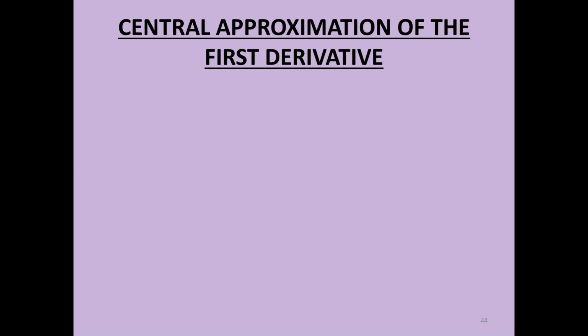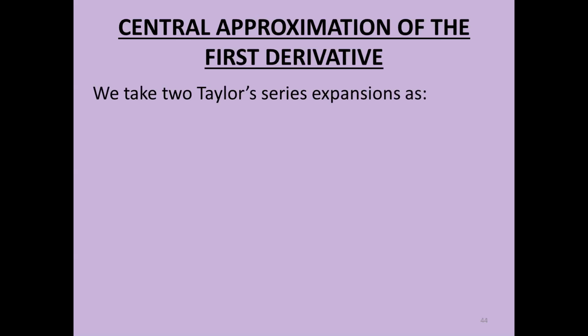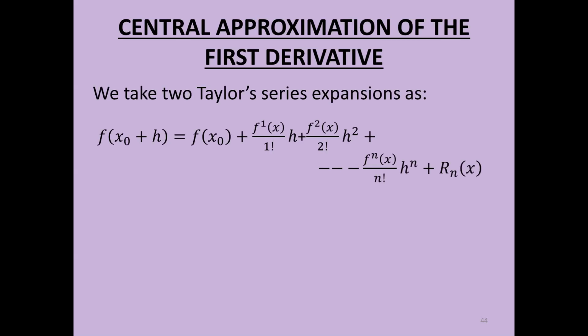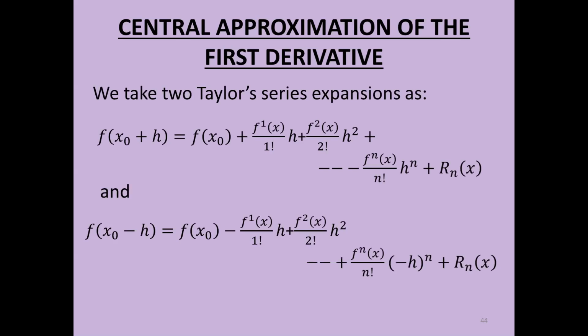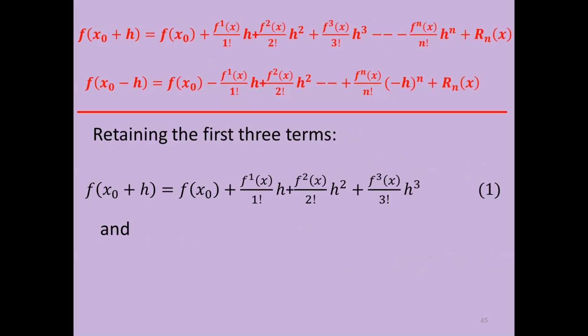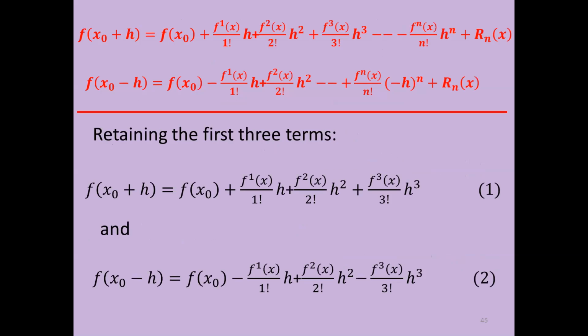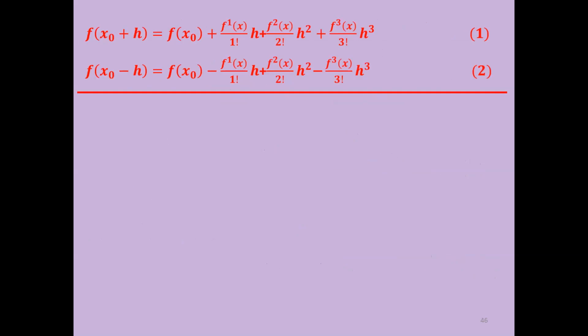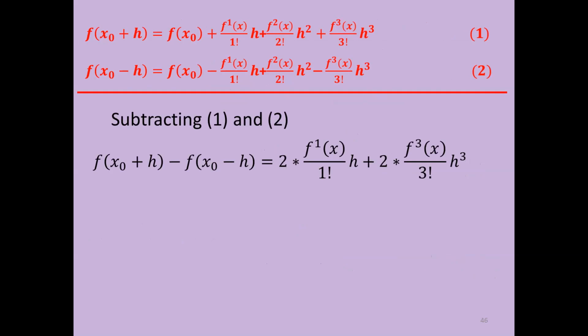So for obtaining the central approximation of the first derivative, we take two Taylor series expansions, such as, kindly notice that in the first expression we have positive h, which has been replaced by minus h in the second expression, and then we simply manipulate these two expressions, such as, and taking the difference of these two equations, we get the required formula.